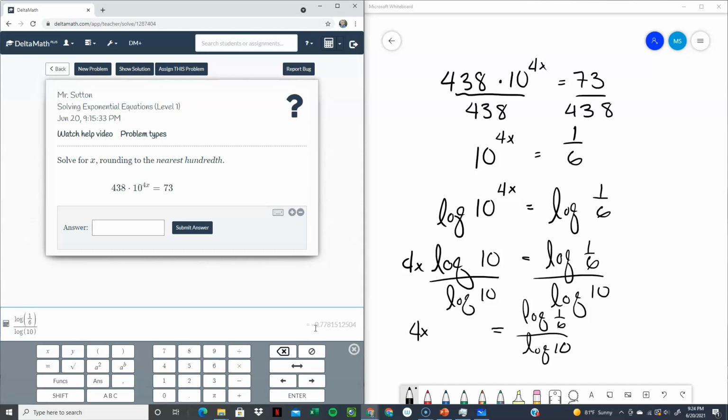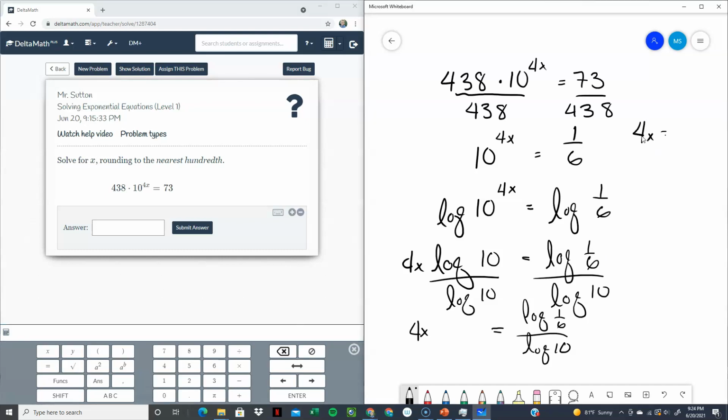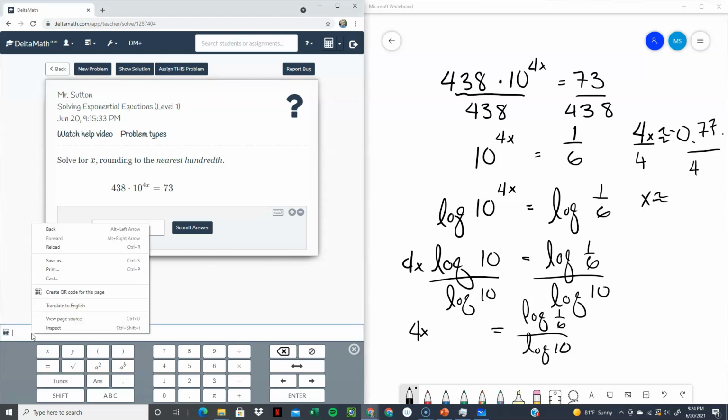So we get this negative 0.778, etc. So I want to take this and copy it because the next thing I want to do is divide it by 4, right? So 4x is approximately negative 0.77 something. So divide by 4, x equals, so what is that?